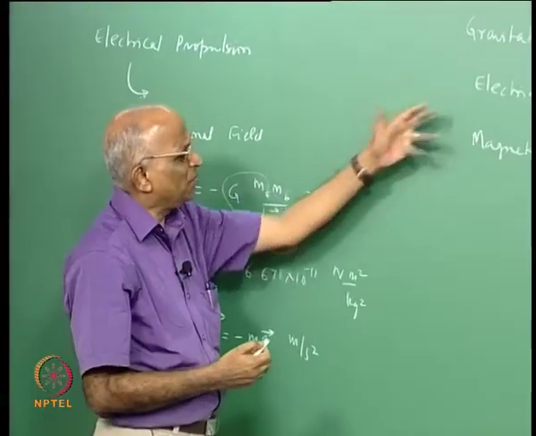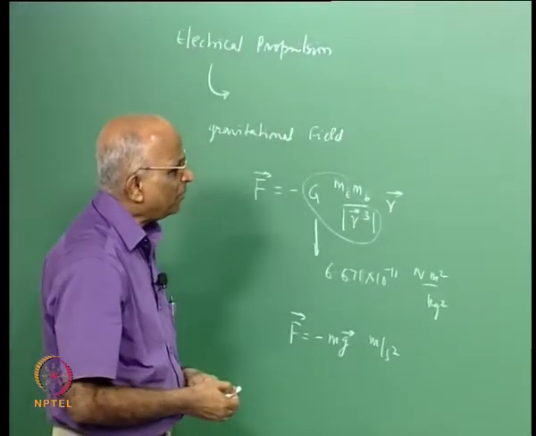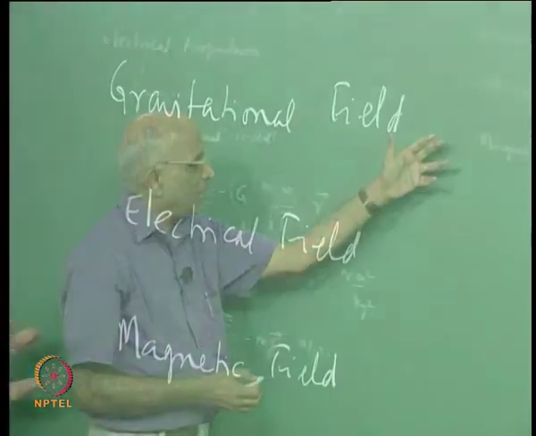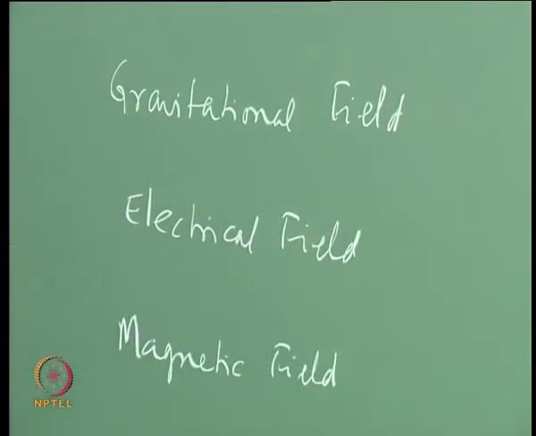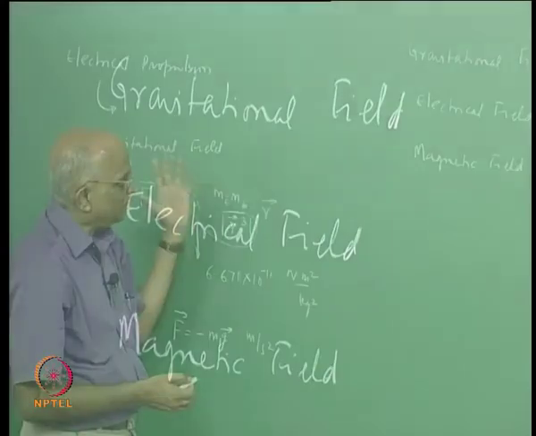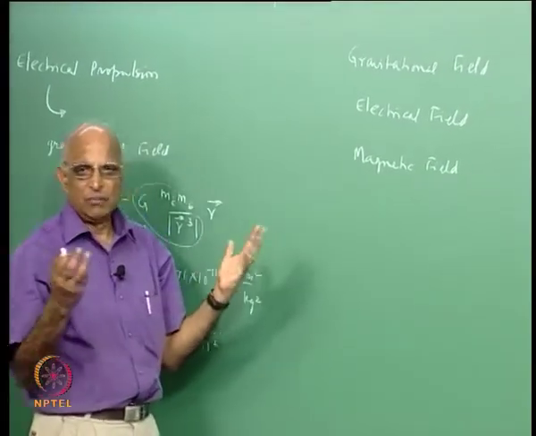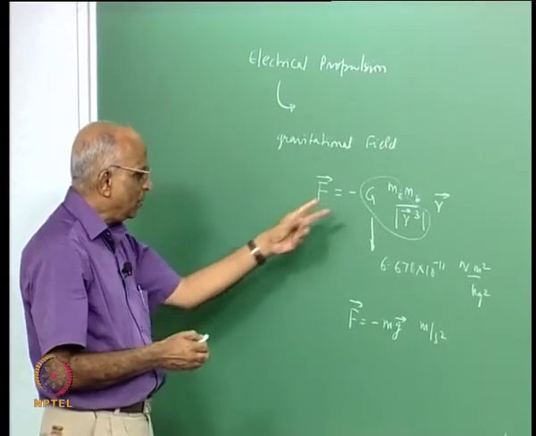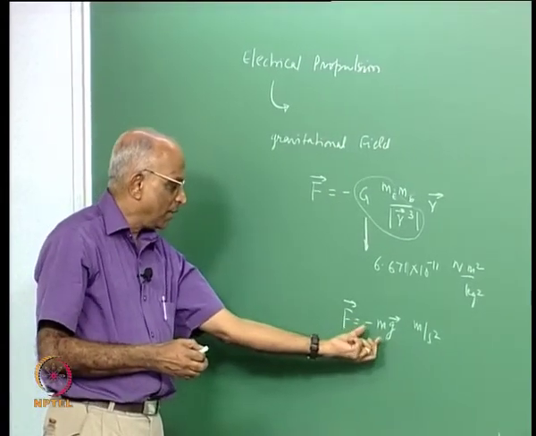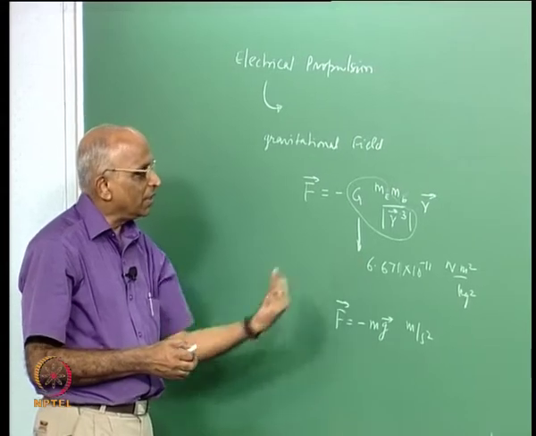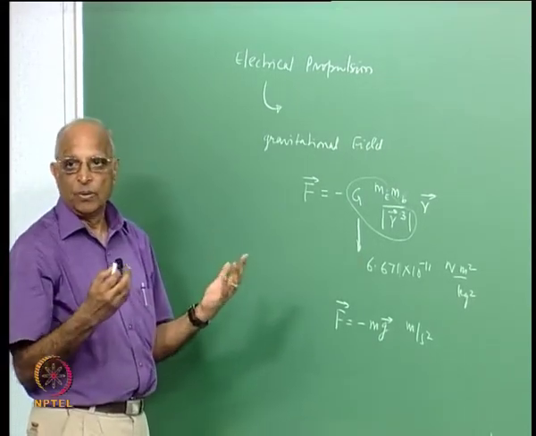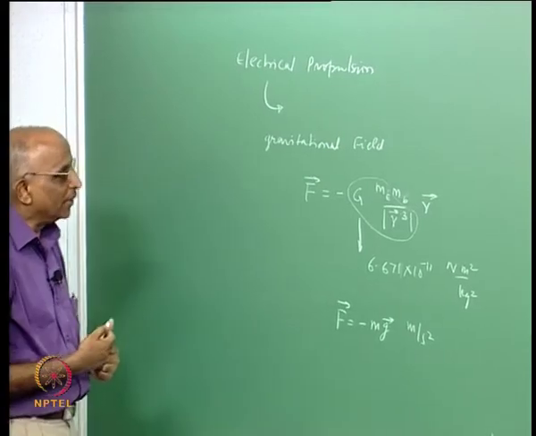What are these fields we are talking of? Maybe we have to review it in some way, and since most of us are in mechanical and aerospace and our basics in electrical engineering might be somewhat rusty, I thought let us go ahead and look at the units. Let us try to see what an electrical field could be, what a magnetic field could be, whether we could use it in some way to push a rocket, and that is what I will be doing in this class.